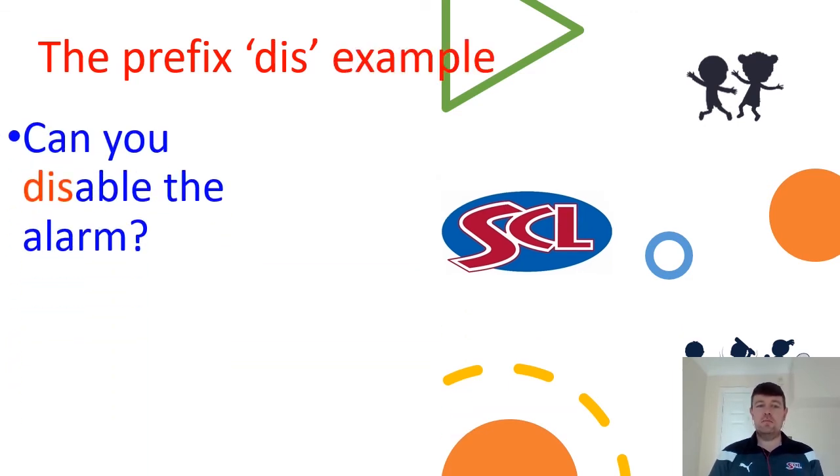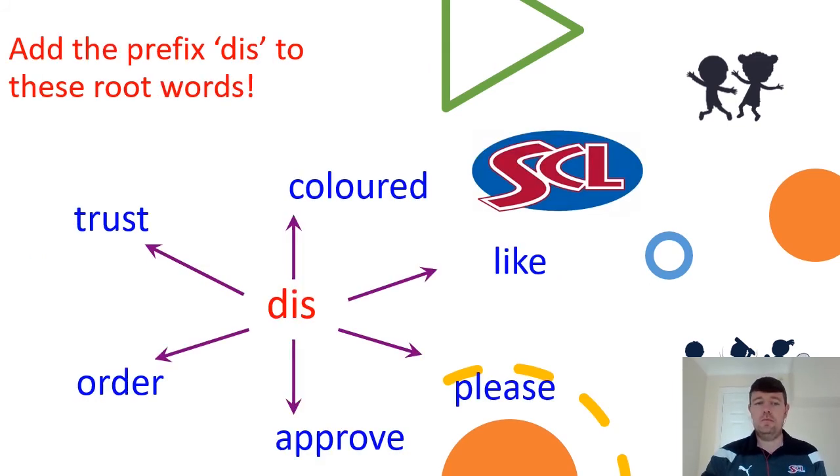So a couple more examples of how we can use dis in a question. Can you disable the alarm? So again, just like last time, can we add the prefix dis to these words?